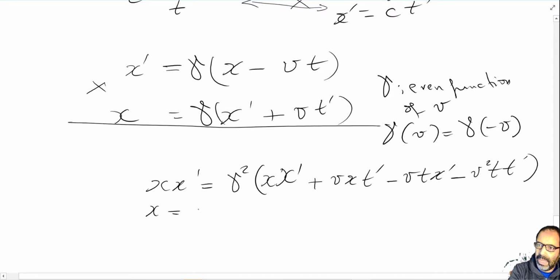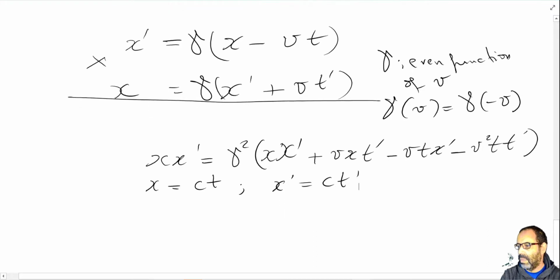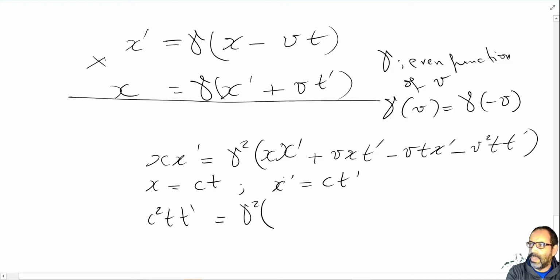So let's write them. x is equal to ct and x prime is equal to ct prime. Let's substitute everywhere in here. x times x prime is going to be c times t times t prime. So it's going to be c squared times t prime, okay, equals gamma squared times the same quantity in here.